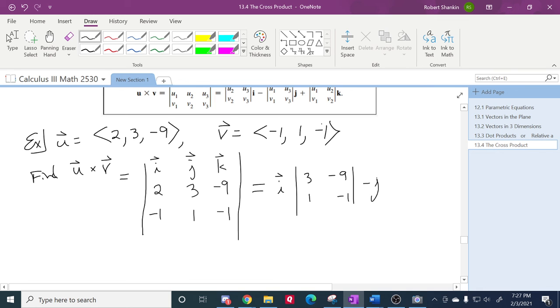Minus J, it always alternates in sign. Delete its row and column.